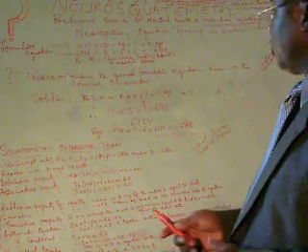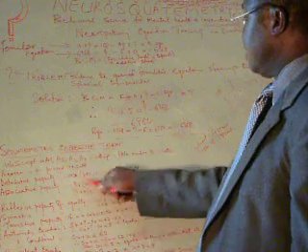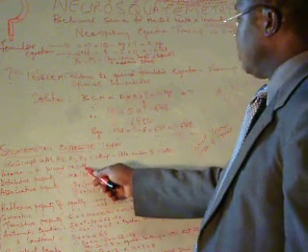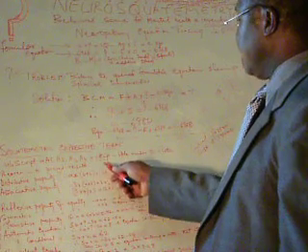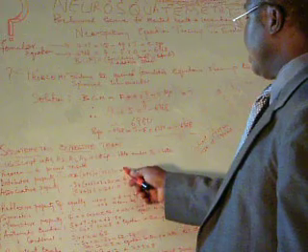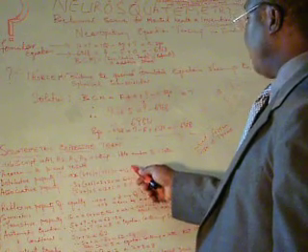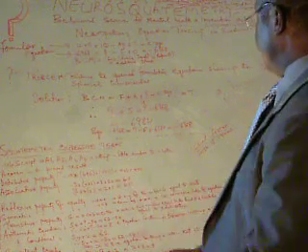And the distributive property, an example of it is A times in bracket B plus C equals A times B plus A times C. Okay, distributive.